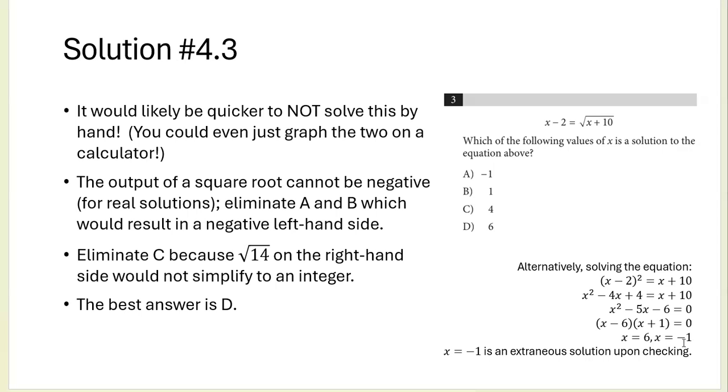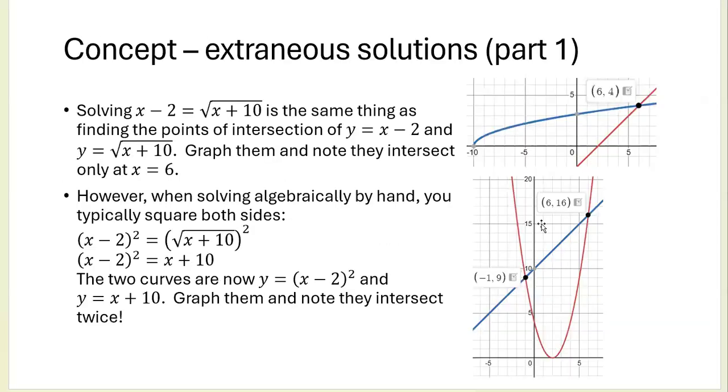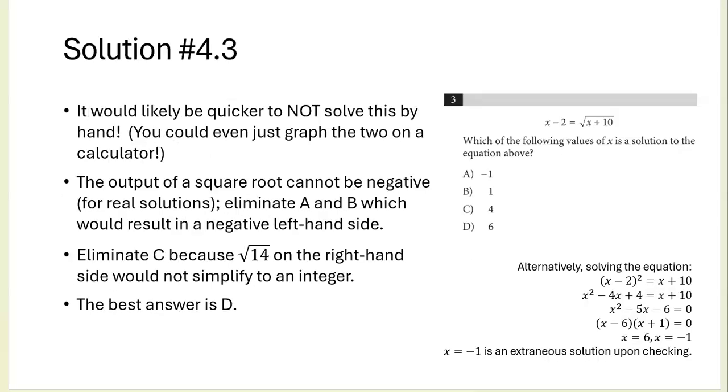So x is 6 or negative 1, which we saw. When we solve these types of equations, we obviously have to plug back in to check for an extraneous solution. If we plug in x as negative 1, you get negative 3 equals square root of 9, which is not true. So that's why it's extraneous.